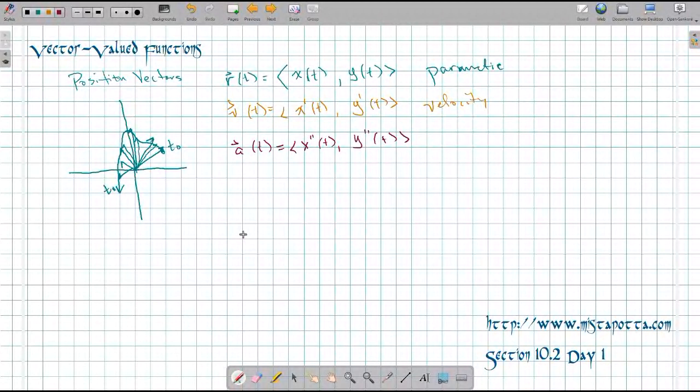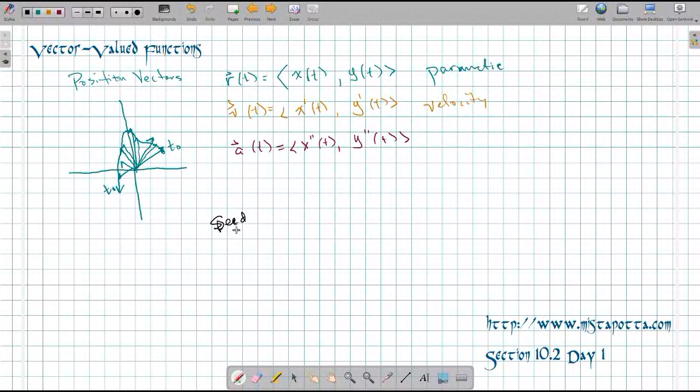There's one other important thing that we need to talk about, and that's the concept of speed. Now, the thing to remember is that when we talk about speed, we don't have a direction that goes with speed. If I'm going 10 miles an hour, it doesn't matter if I'm going 10 miles an hour forward or 10 miles an hour backwards or 10 miles an hour straight up.